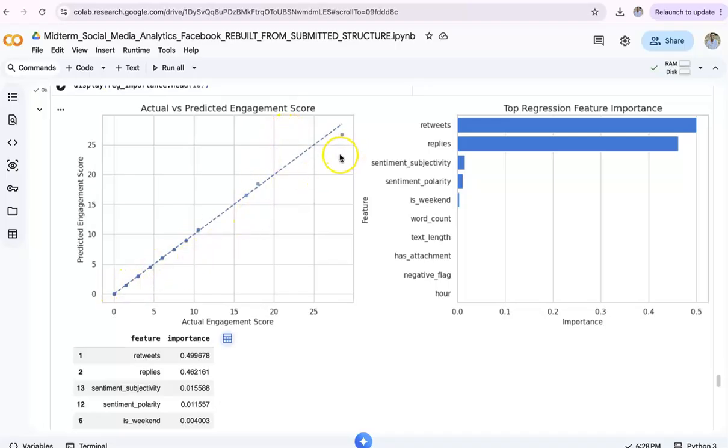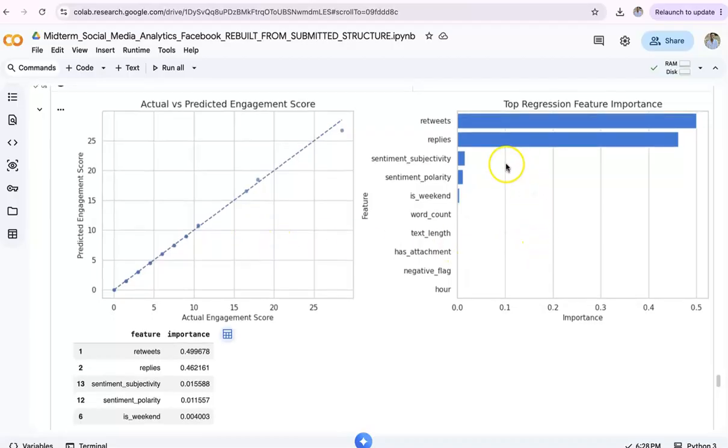As I earlier mentioned, these were all values generated by the notebook, so it should not be confused for real-world analysis. And we also have top regression feature importance.